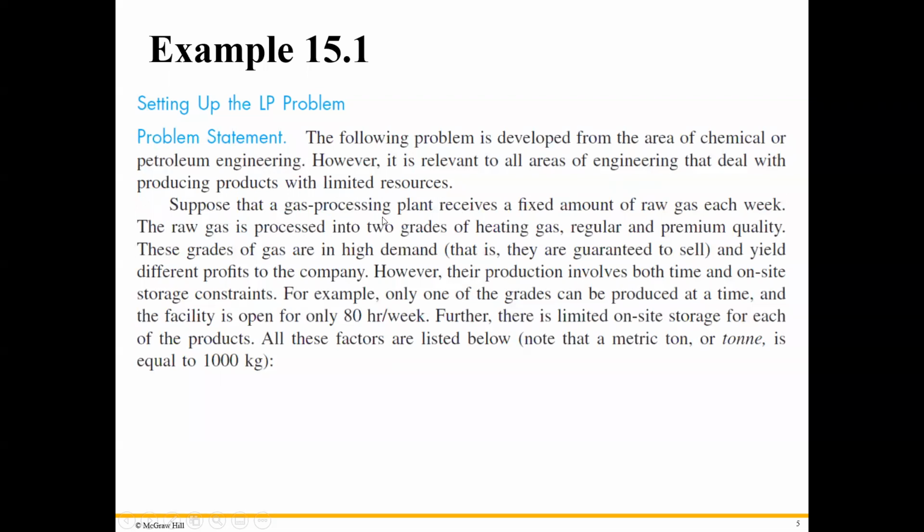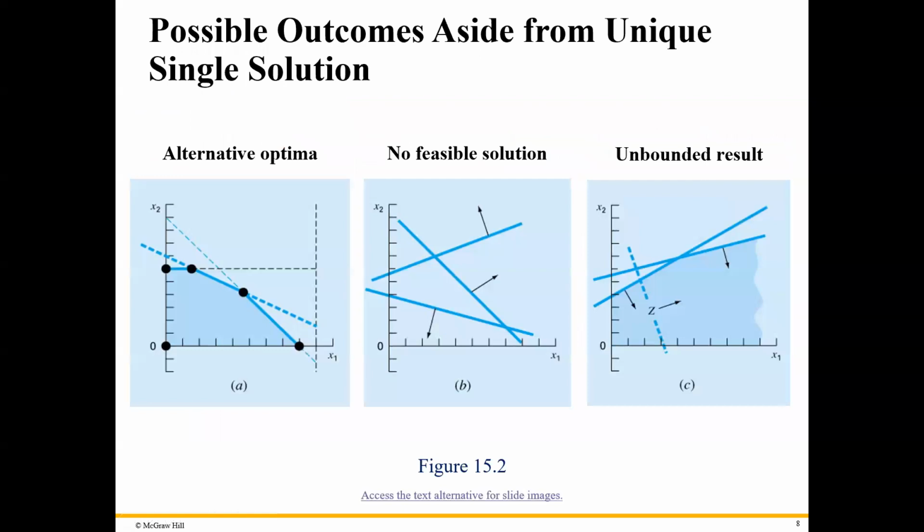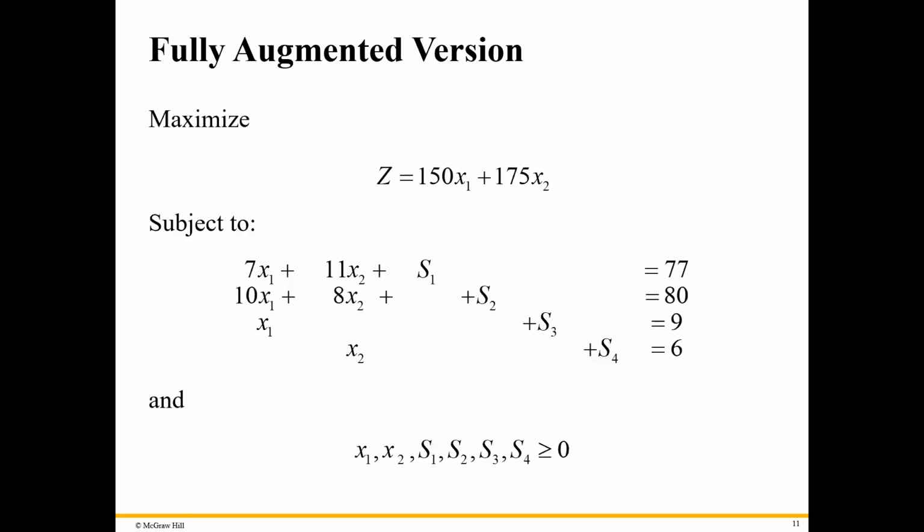Suppose that a gas producing plant receives a fixed amount of raw gas each week. We did this problem last time, and as a result, we established these conditions or relationships.